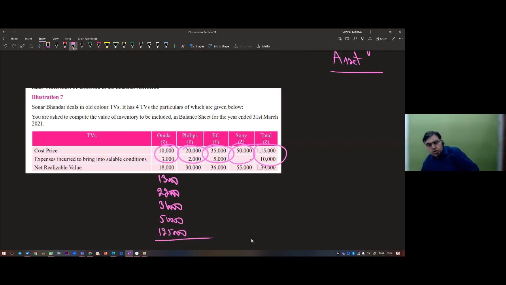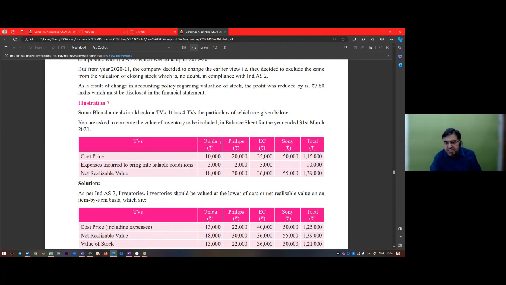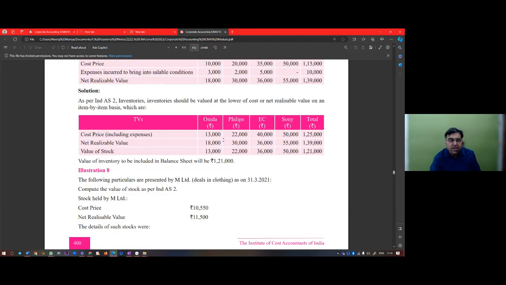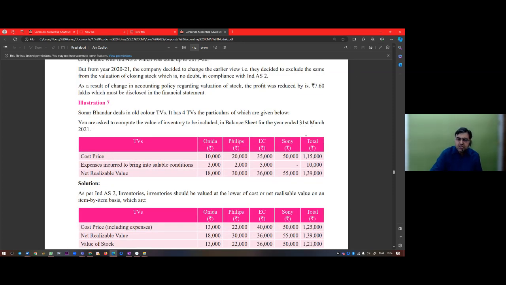Making use of calculator. Answer is 2,46,000. Carrying value of inventory. Oh sorry, that is not the item, that is the total.